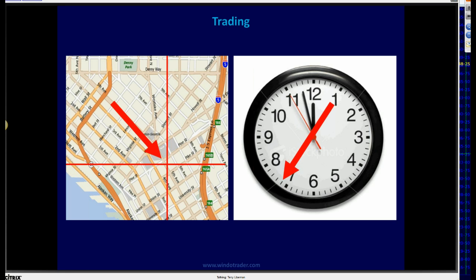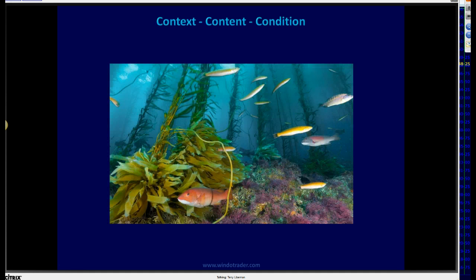And when it comes to context and content and condition, the market profile is really one of the best decision support tools out there. In using the term context, I want you to think of it in line with a fish.